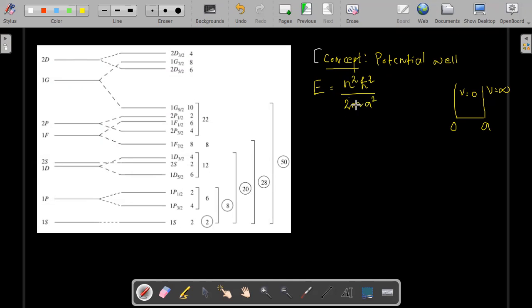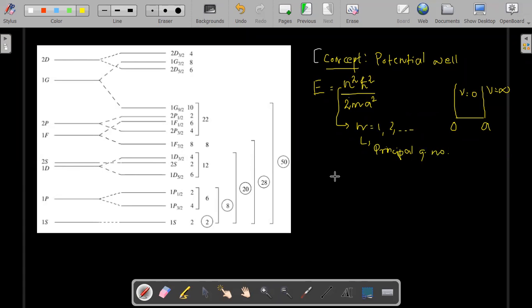This n takes the values 1, 2, and so on, and is related to the principal quantum number. So this is what happens in the case of electrons.